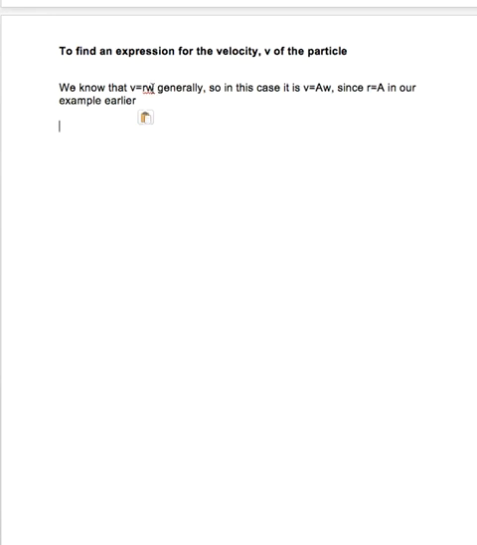Now what I want to do is to look at finding an expression for the velocity of the particle. So if you remember from circular motion, we said that v equals r omega.